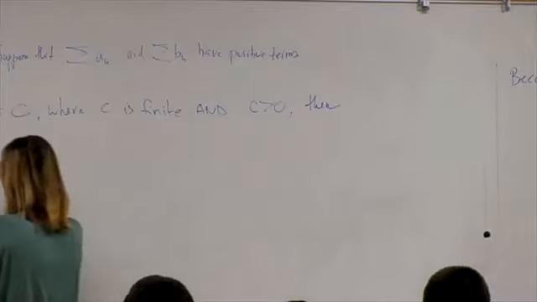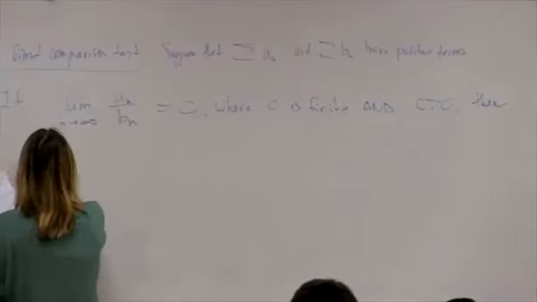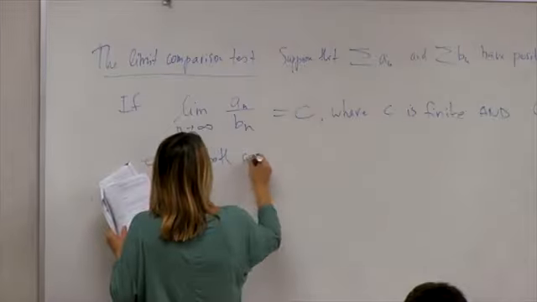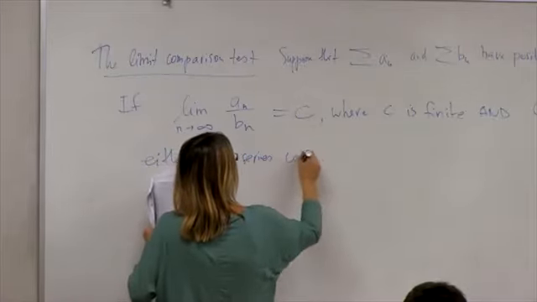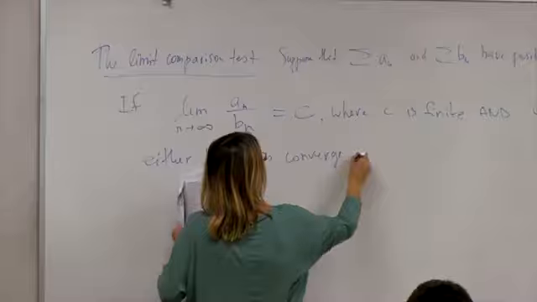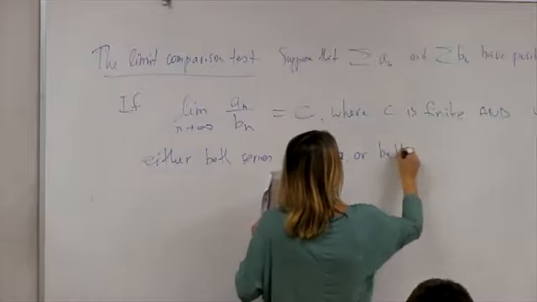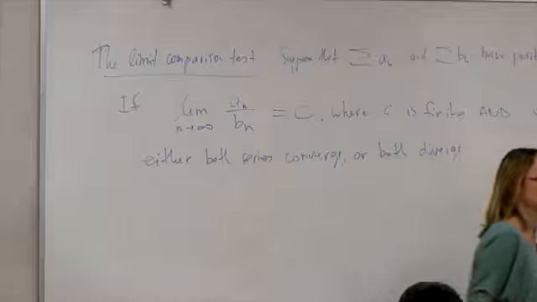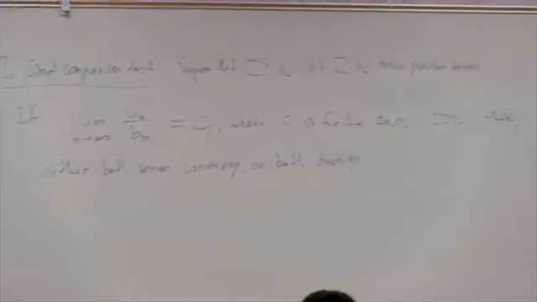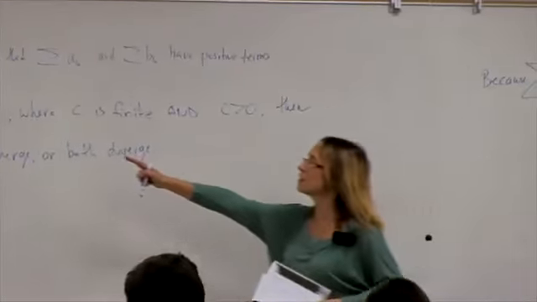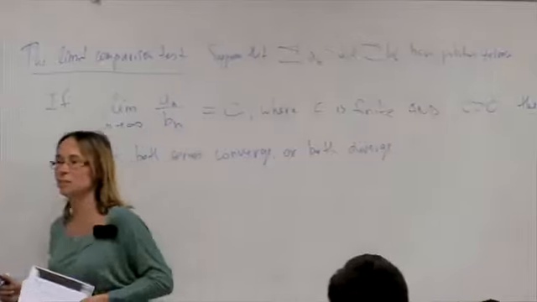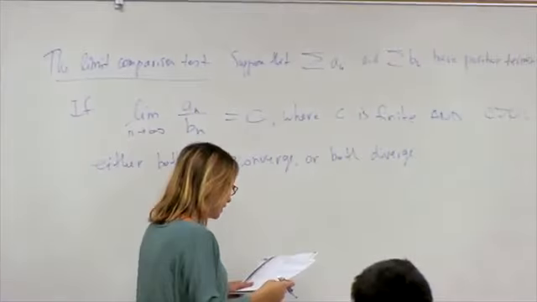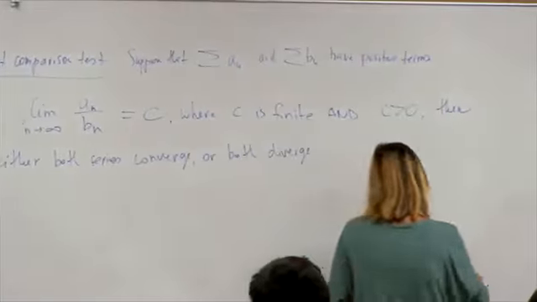Then either both series converge or both diverge. So this limit tells me that they behave in the same way. They differ by a constant as n becomes very large. So let me show you an example.